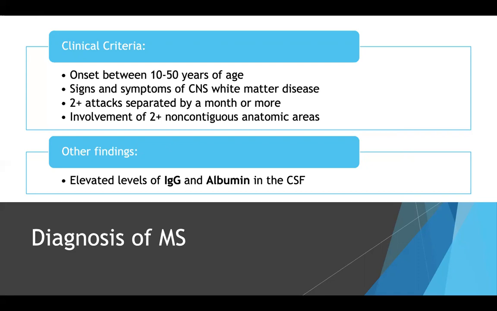There should be 2 or more attacks separated by a month or more. There should be involvement of 2 or more contiguous anatomic areas. Other findings that are needed for the diagnosis of multiple sclerosis include elevated levels of IgG and albumin in the CSF.